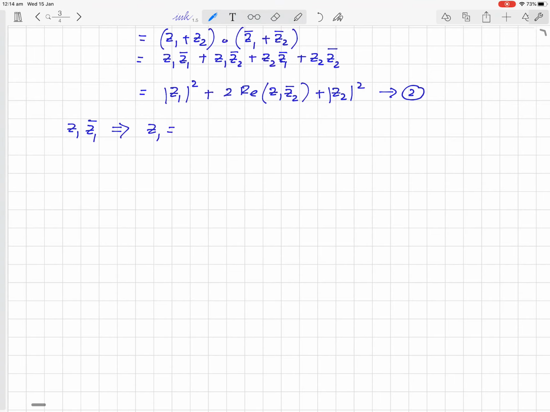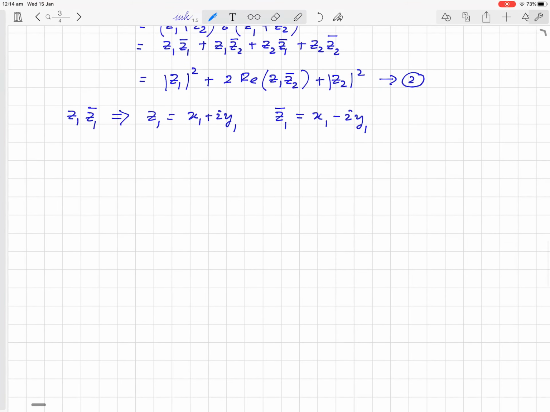So let z1 be x1 plus iy1, and its conjugate, z1 conjugate, would be x1 minus iy1. If you multiply these together, this would be x1 squared plus y1 squared. You can see this very easily.